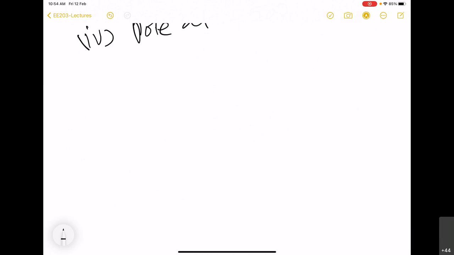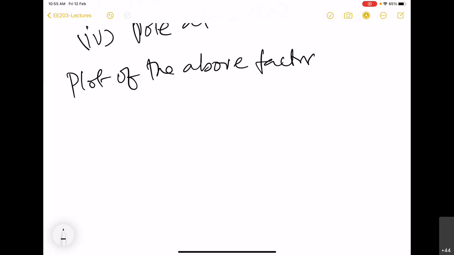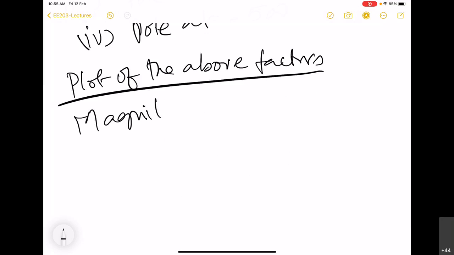So now we plot each of them individually. So first, magnitude plot.